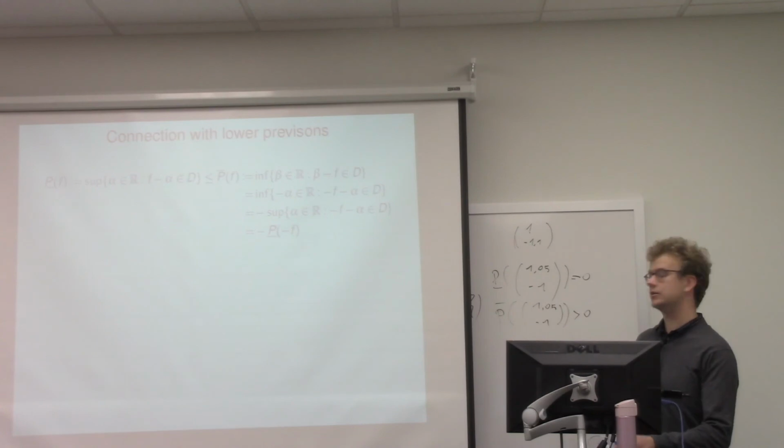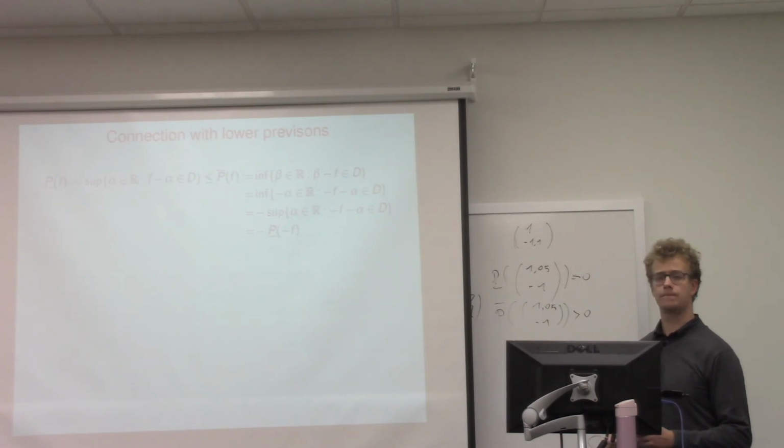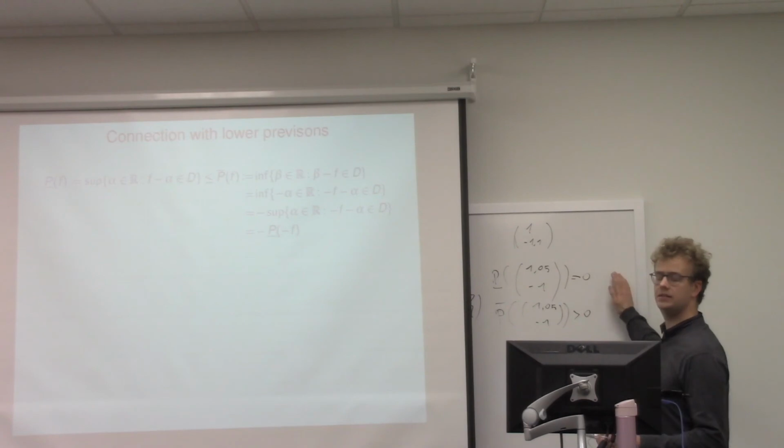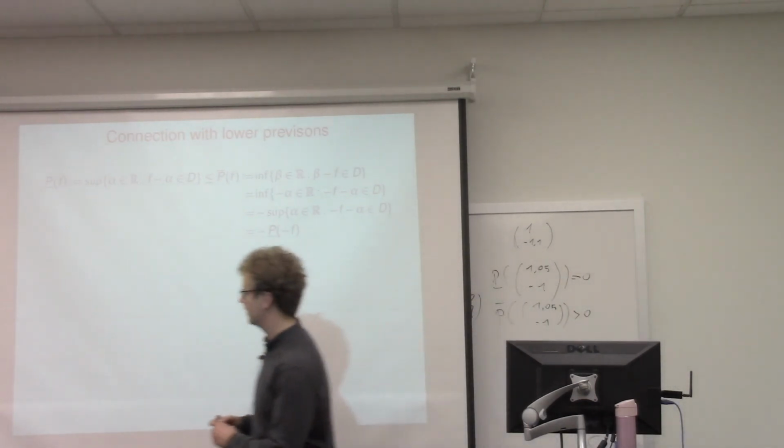It's imprecise because it's not asking you to be able to sell and buy it at the same price. No, you'll be willing to sell the negative of what you're willing to buy. Oh, okay, I am confused then by the negative. Okay, I see. Yeah, I think this is coherent for sure.